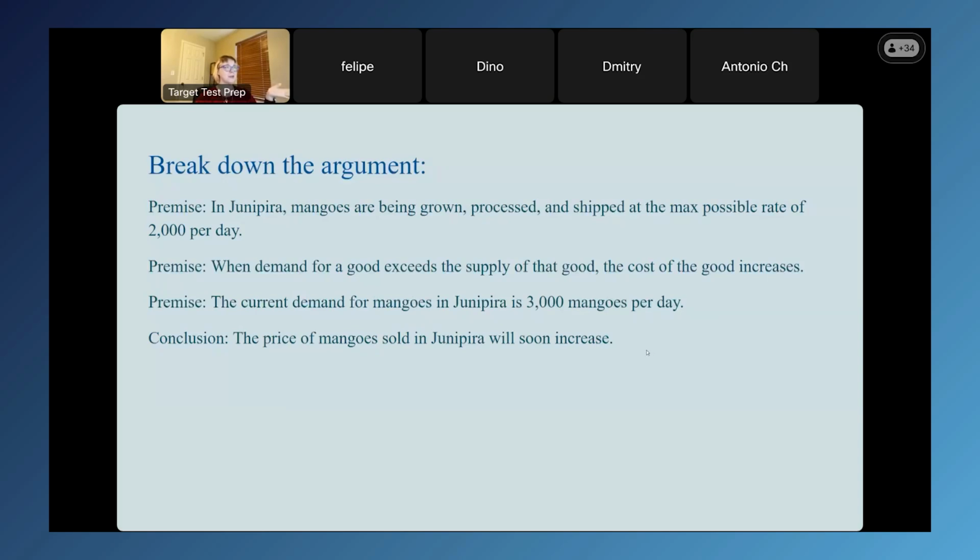They are even explaining basic supply and demand here, just so we can make sure we're on the same page. And the current demand for mangoes is 3,000 mangoes per day, a full 50% more mangoes than they are processing, and they are at the max. So the conclusion is the price of mangoes sold in Junipero will soon increase.